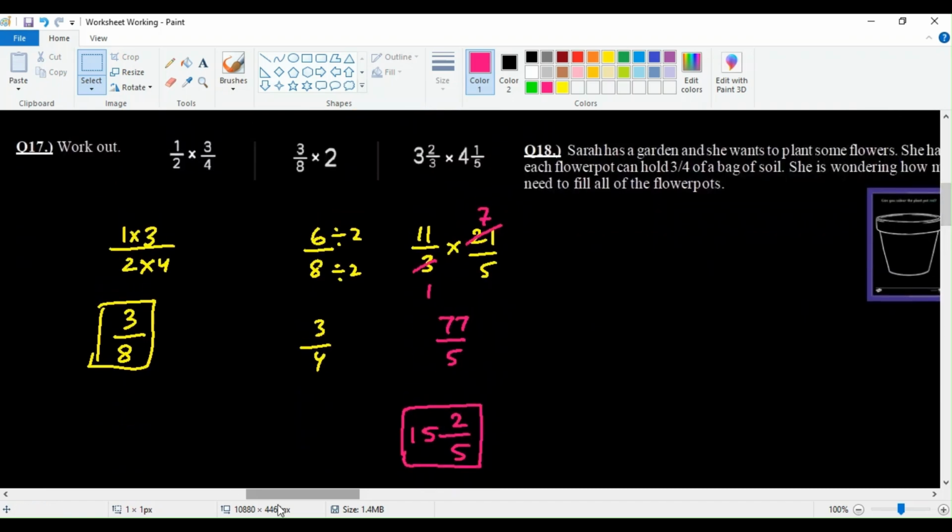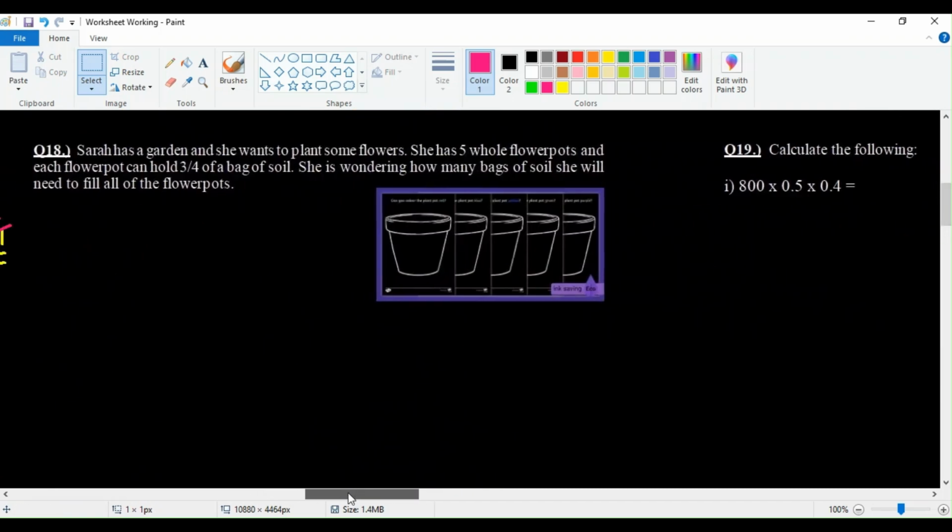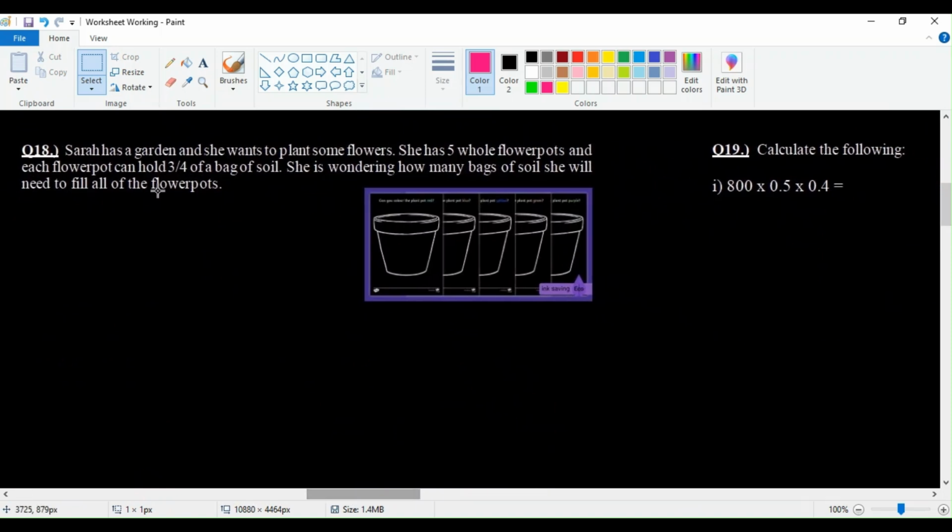Now comes question number 18, in which it says Sarah has a garden and she wants to plant some flowers. She has five whole flower pots, and each flower pot can hold 3 over 4 of the bag of soil. She is wondering how many bags of soil she will need to fill all the flower pots.